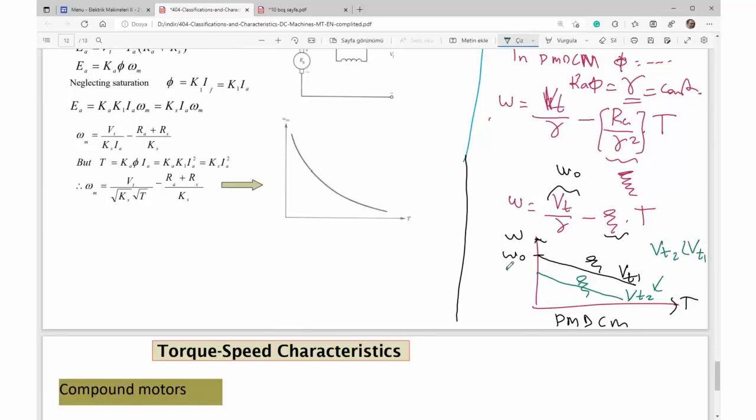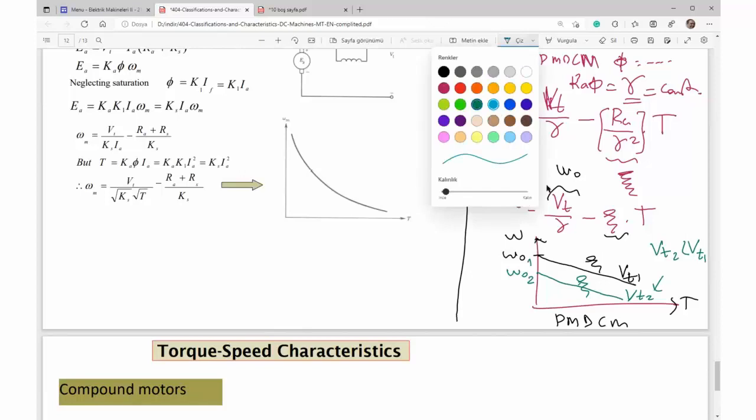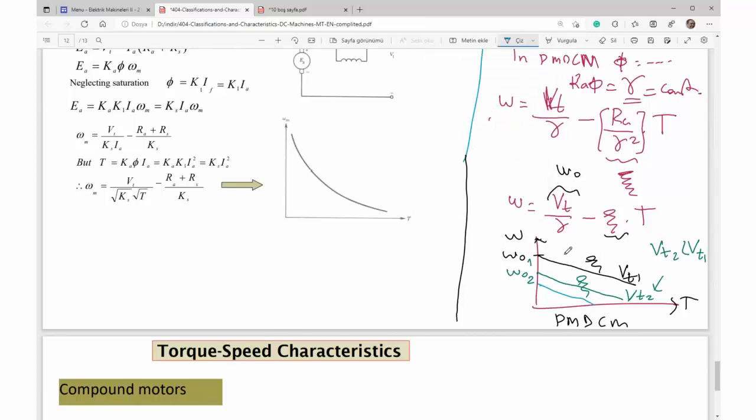That is the no load speed for the second case. Here would be some parallel characteristics with respect to voltages. When you change voltage, the torque speed curve will change smoothly.